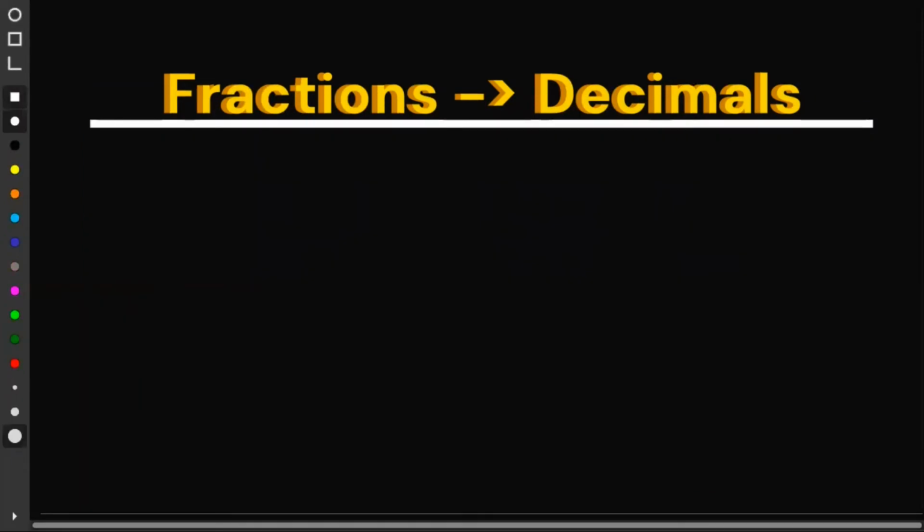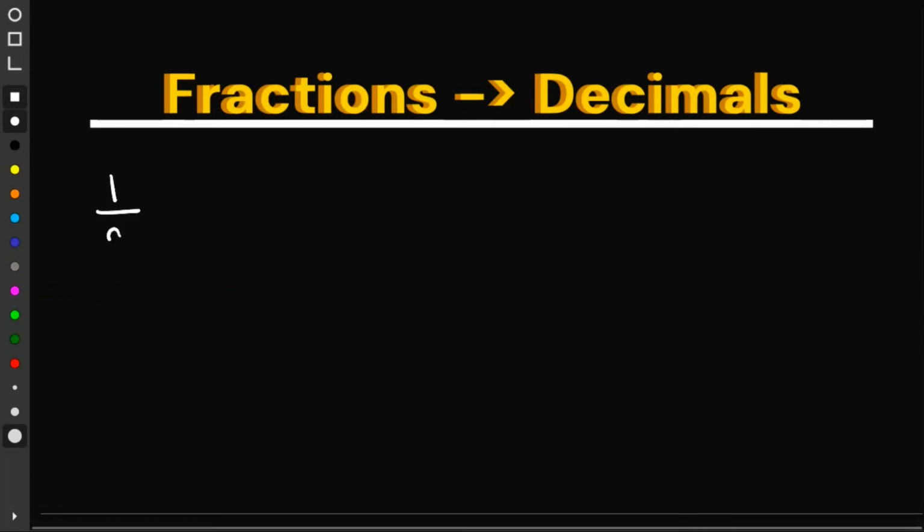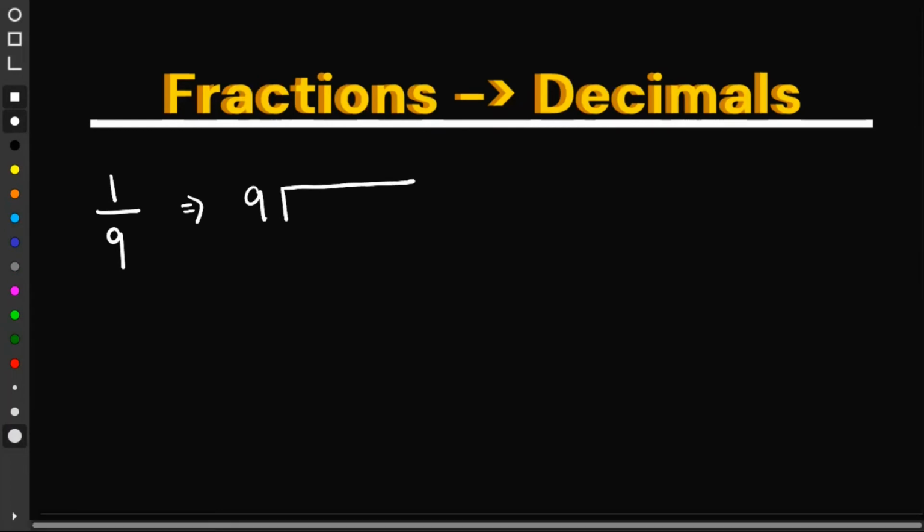Now let's have this example. If we have 1 over 9, how do we convert this into decimal? So this one, you can write it as 9 divided by 1.0. So we put the decimal again here. So this would give us 1.